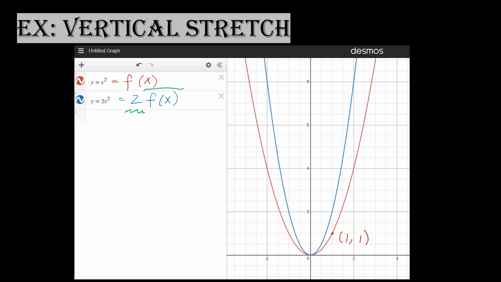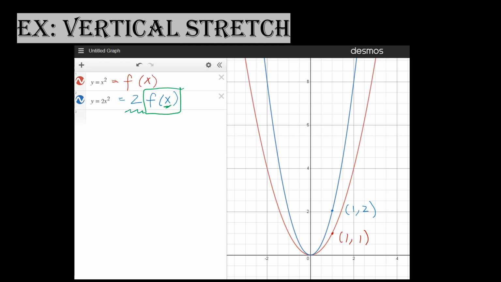Think of f(x) as your output. See how nothing is changing the input? We're having 2 times the output. On our transformation, the input isn't changing, but we're multiplying the output by 2.